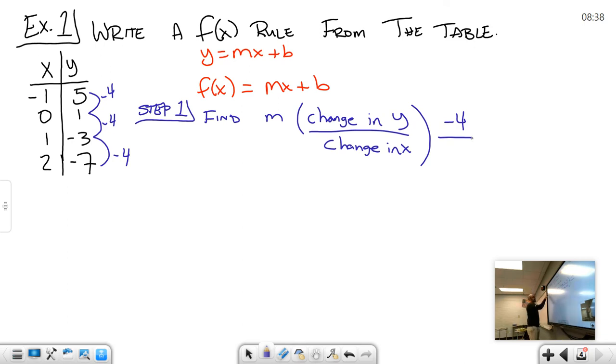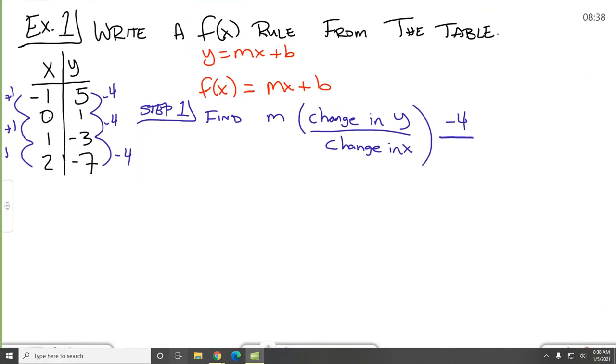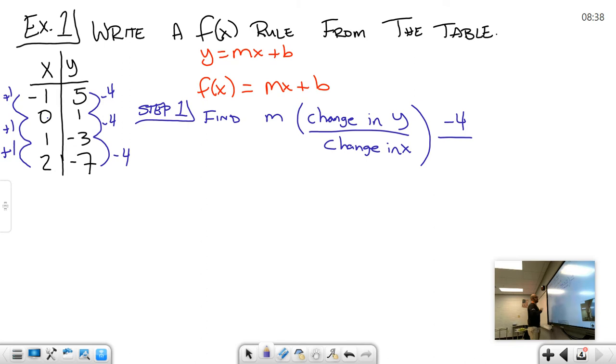Let's go back and look at our x's here. Negative 1 to 0, what happens? We're adding 1. From 0 to 1, again, adding 1. And from 1 to 2, we're adding 1. So my pattern is plus 1, or just 1. So my change in x is 1.